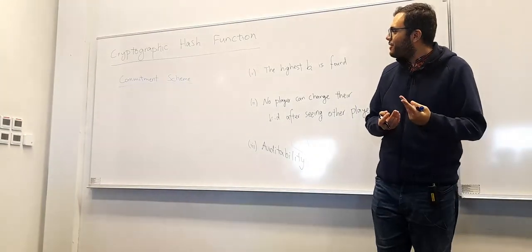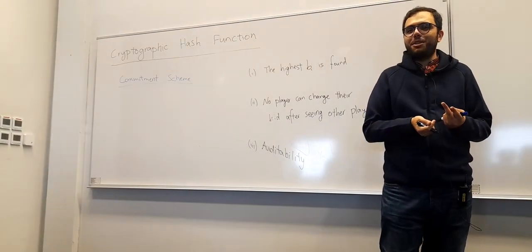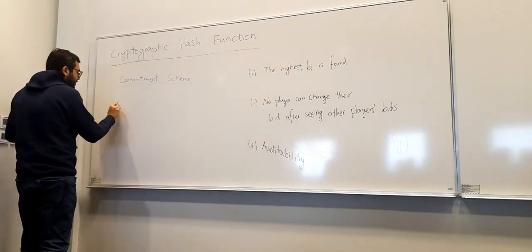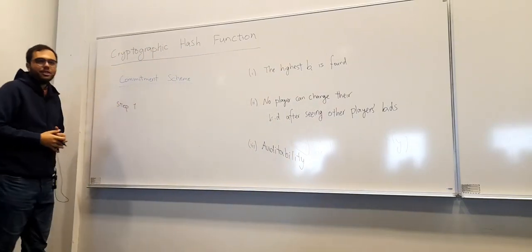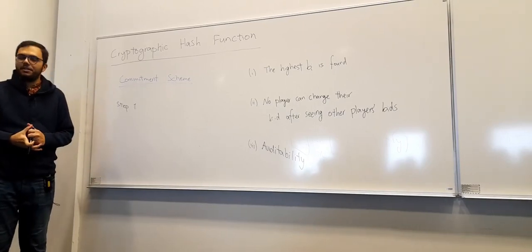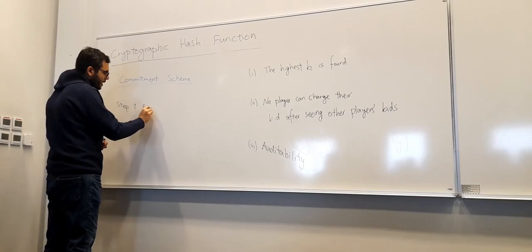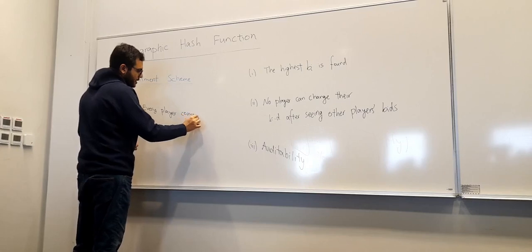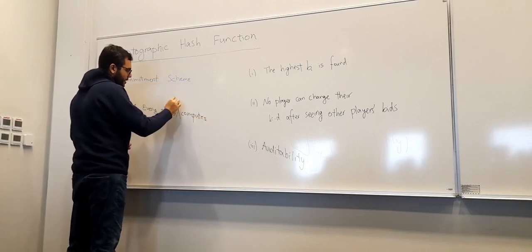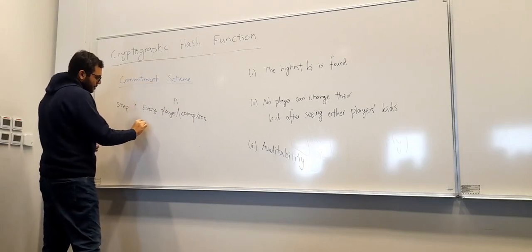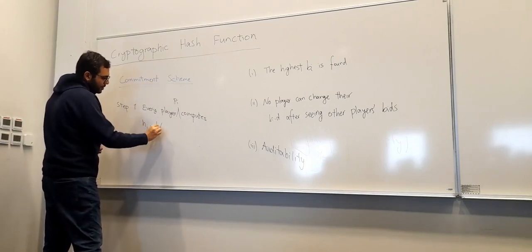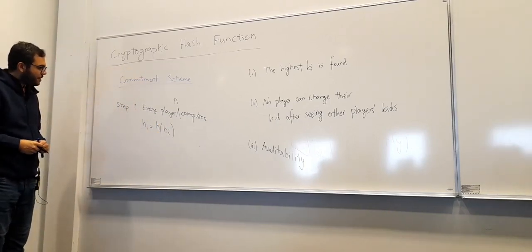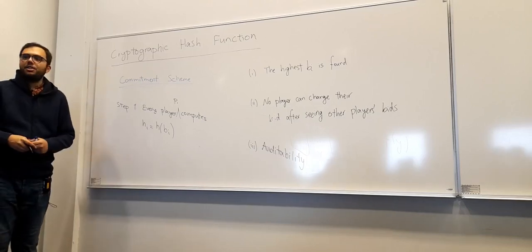Now, very conveniently, cryptographic hash functions have these properties as well. So the way this works is that in step 1 of my protocol, every player just hashes their bid. Okay? So every player computes, let's say I'm talking about player PI, player PI computes HI, which is the hash of the bid that this player was supposed to make, and then publishes this hash.